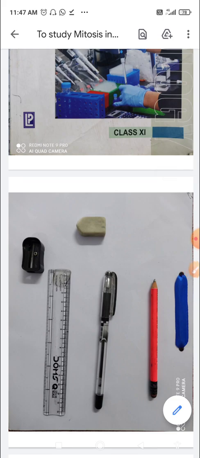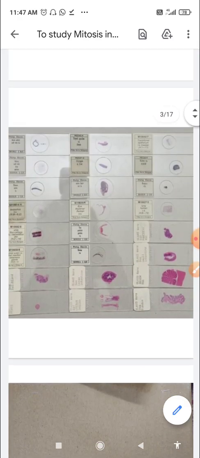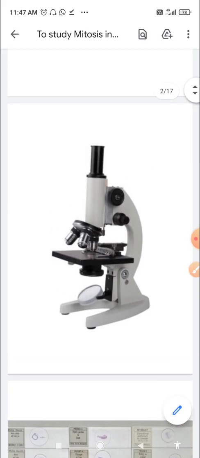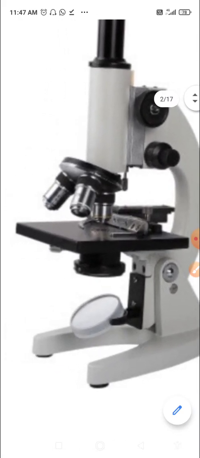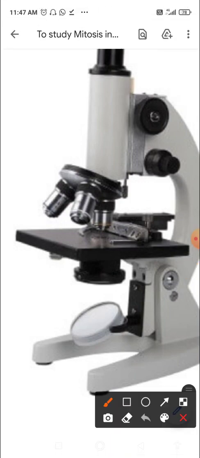And to observe, the procedure is that you will take each slide and put it on the stage of the microscope. Here you can see this is the stage. Here these are the clips. You will place the slide here under the microscope, right?